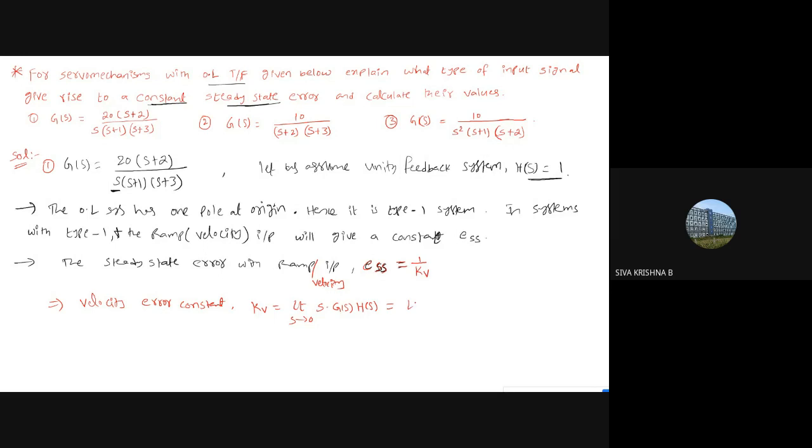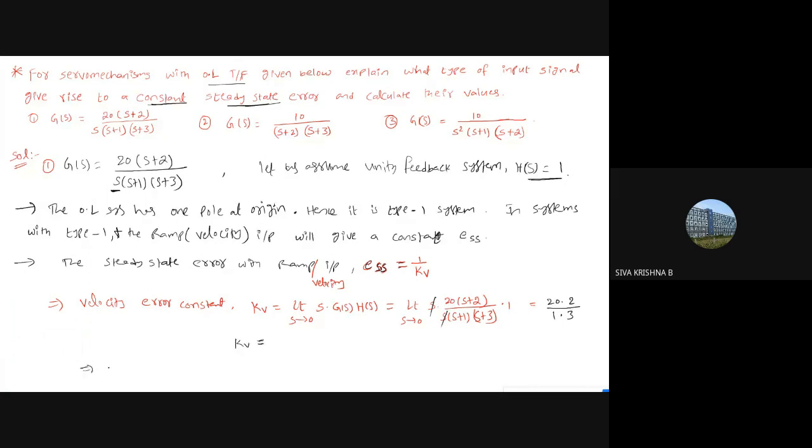Substitute those values: limit s tends to 0, s into 20 into (s plus 2) by s into (s plus 1) into (s plus 3), into H(s) which is 1. Apply the limit. This s and this s get cancelled, so remaining is 20 into 2 by 1 into 3. What is the value?